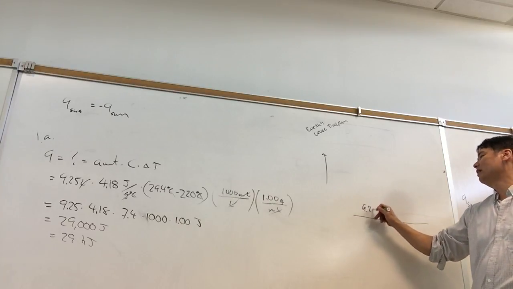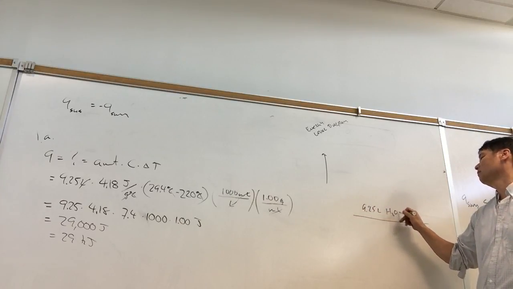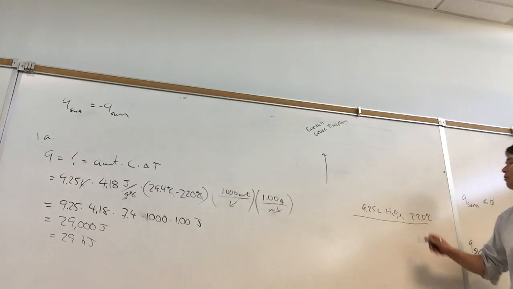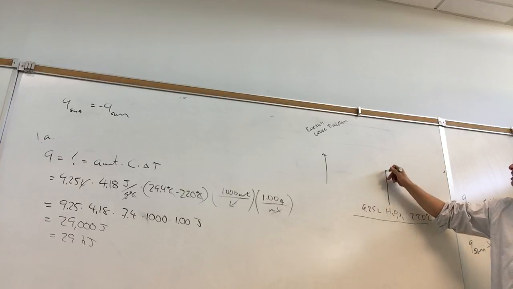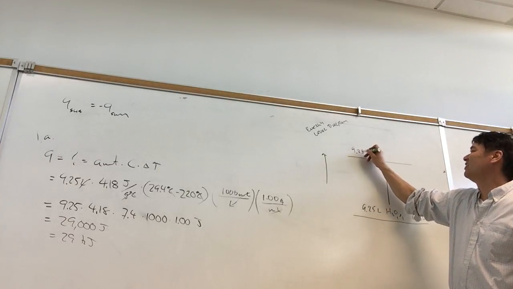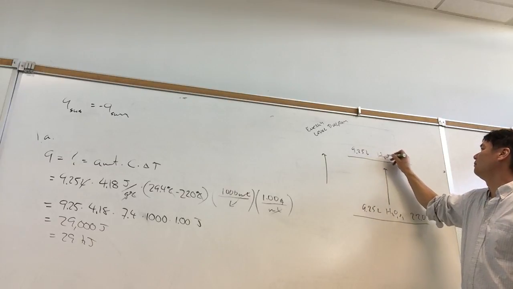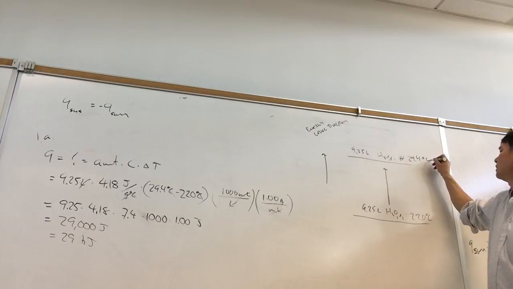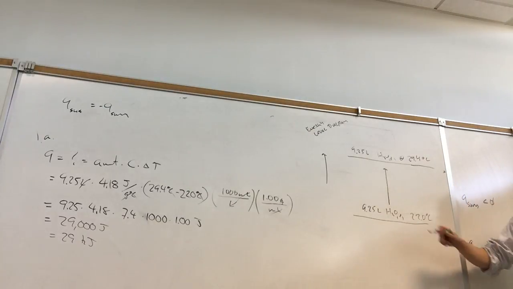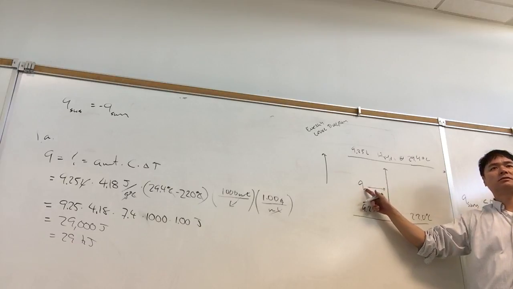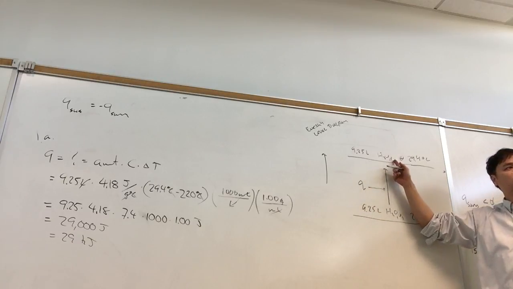We have 9.25 liters of H2O liquid, and the temperature is 22.0 degrees C. And then we're going to add energy here, like this, so that we get 9.25 liters of H2O liquid at 29.4 degrees C.